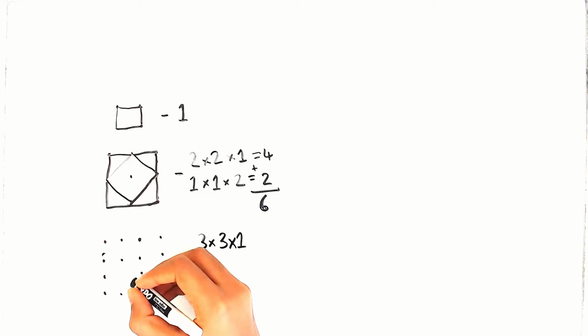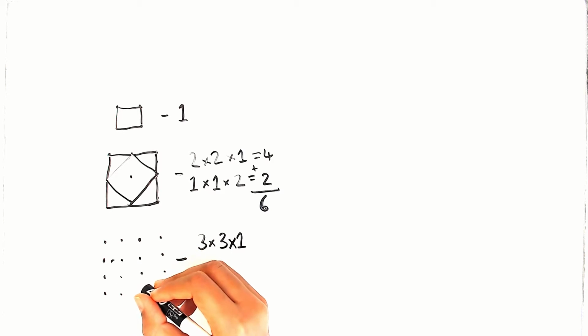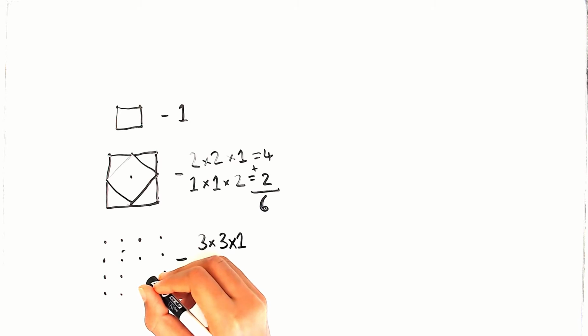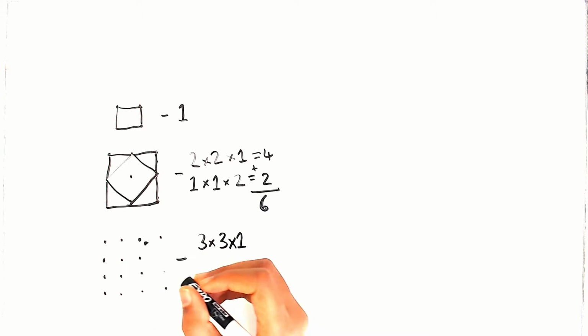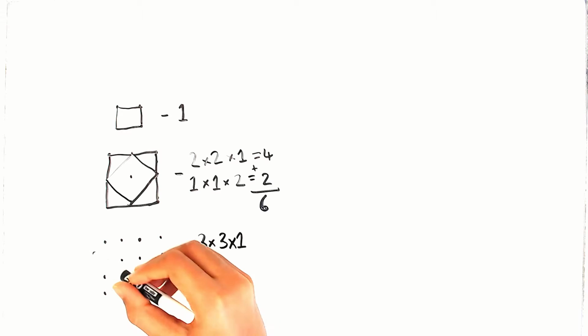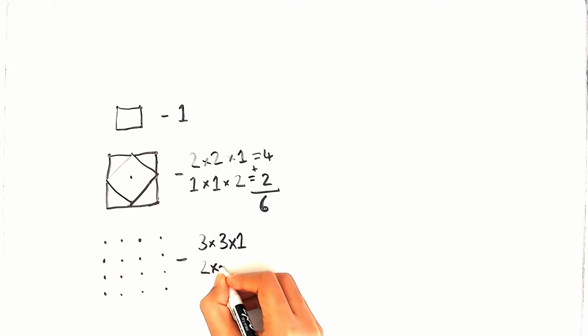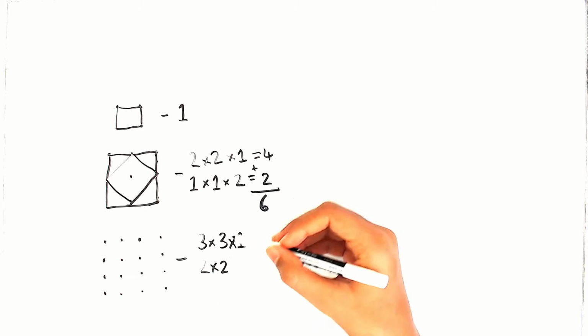Now let's go with 3 by 3 dot squares. So here we can make two rows of it, and that means 2 columns of it. So 2 times 2. And let's look back to our old problem.